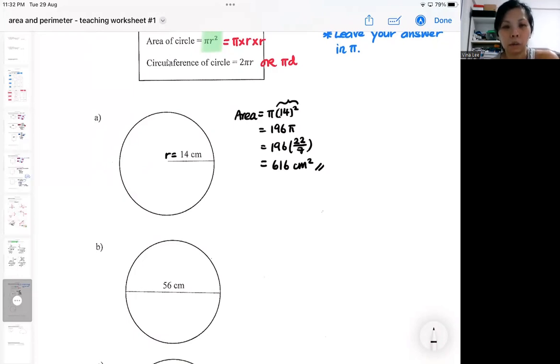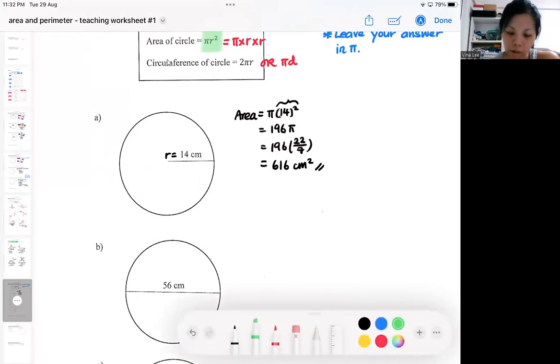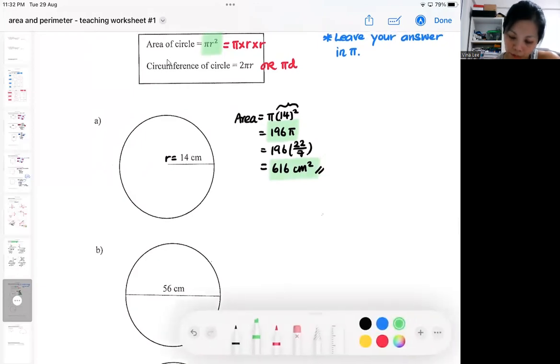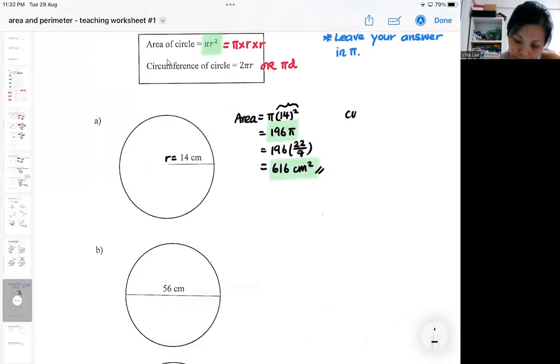If the question says leave it in terms of pi, then your answer looks like this. If not, you just work it out. But remember to label it. Then what about the circumference? In this case, I'm going to use 2 pi r.